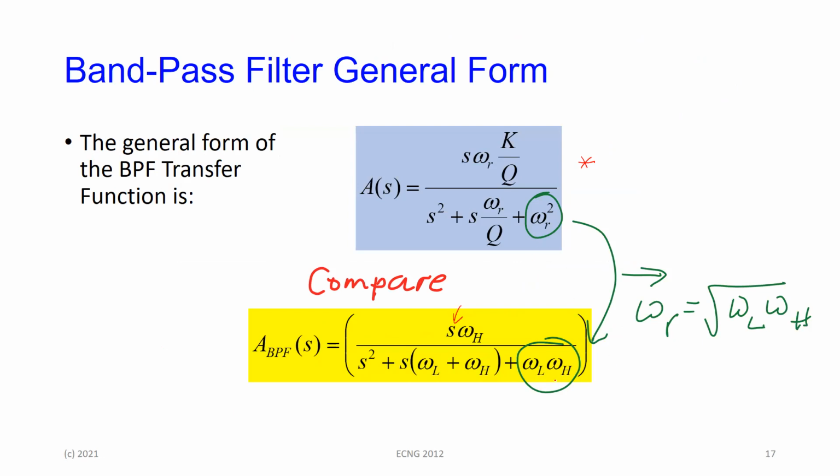The resonant frequency is the square root of omega L times omega H. Remember we said that the bandpass has a low cutoff and a high cutoff, and there's a frequency where it peaks, called the resonant frequency. Let's test the design.